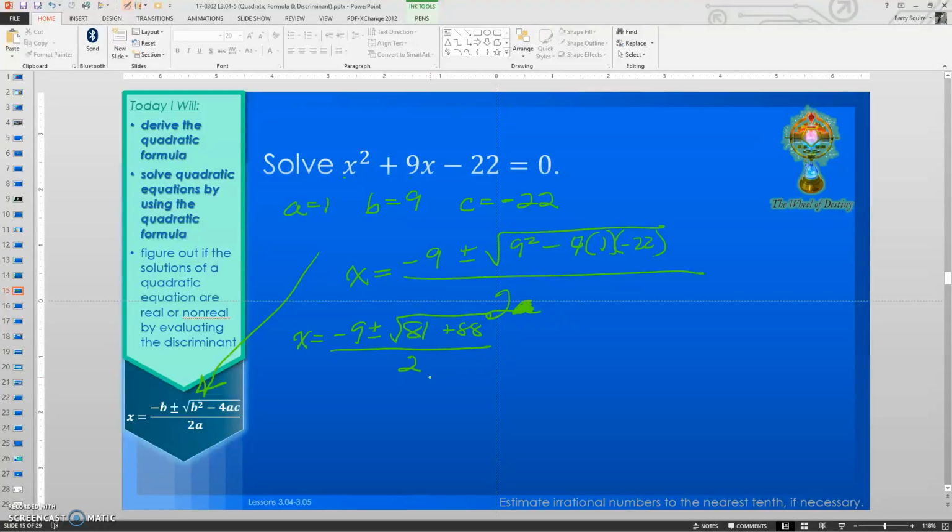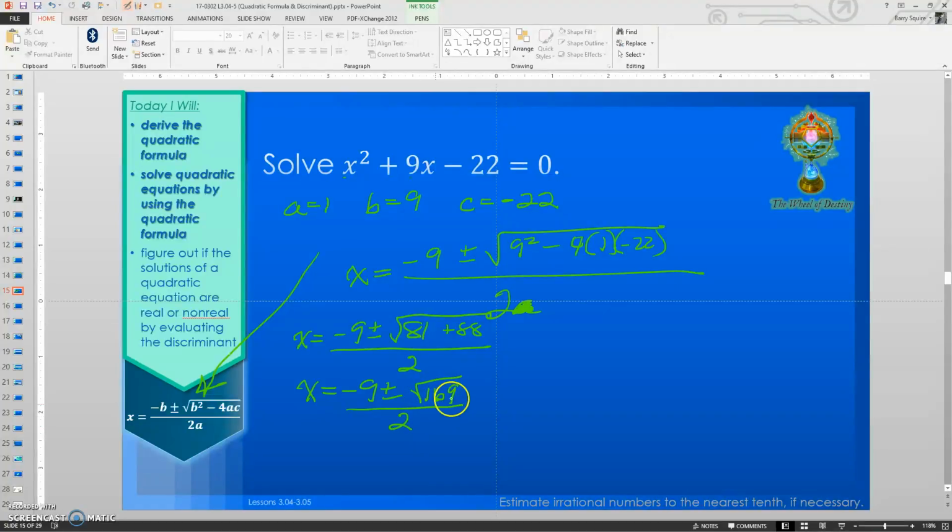Now I have a feeling that we're still going to be left over with a fraction because I'm looking at that -9 and that's saying, well, that's not going to simplify real well. But let's keep going. We've got x equals -9 plus or minus 81 plus 88. That's 169. The square root of 169 over 2.